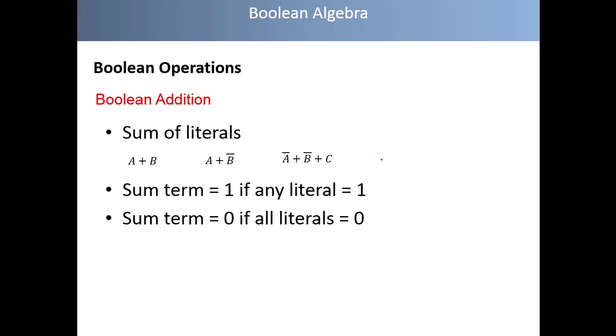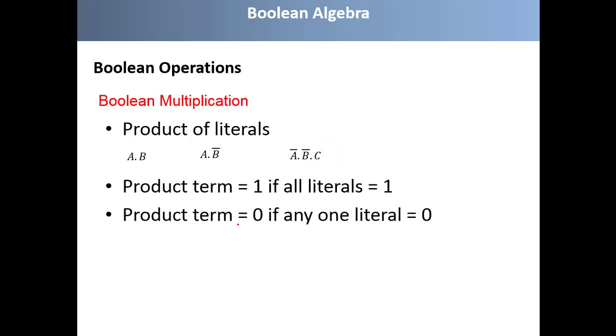It can consist of two variables or more than two variables. And the characteristic of Boolean addition is that the sum term is 1 if any of the literals is equal to 1. If all the literals involved in the Boolean expression are equal to 0, then the sum becomes equal to 0.